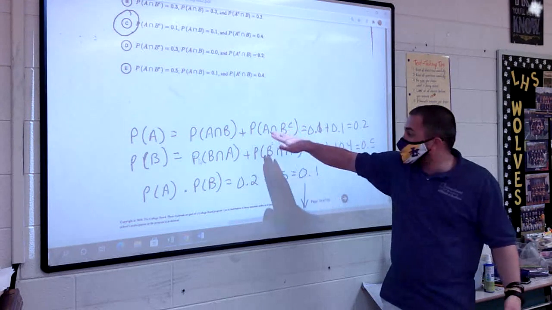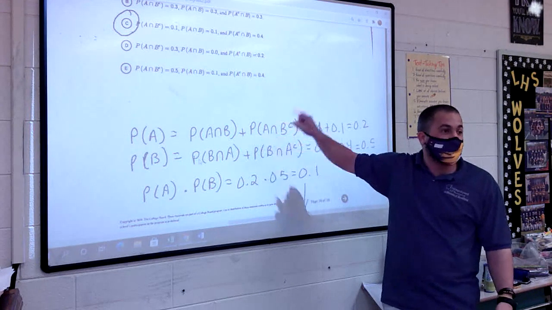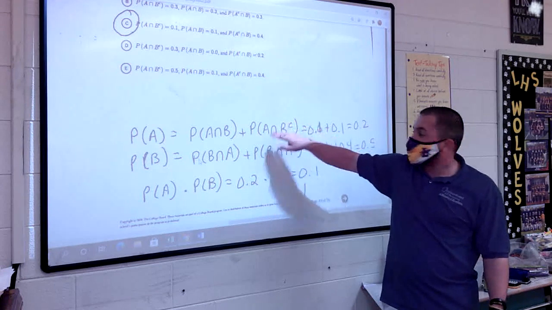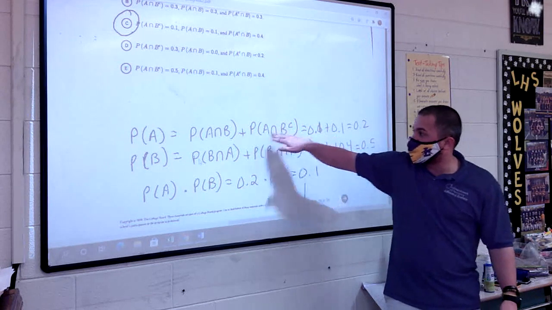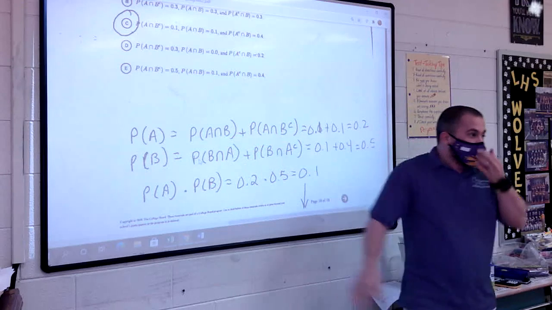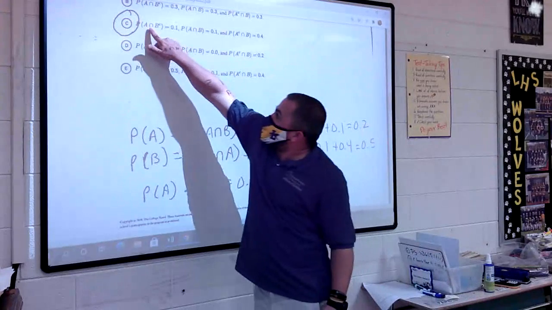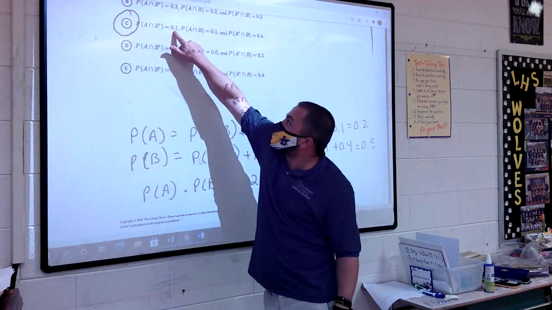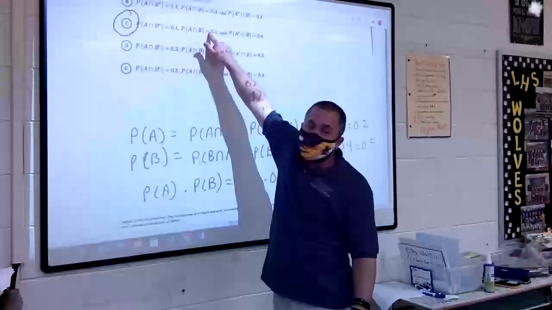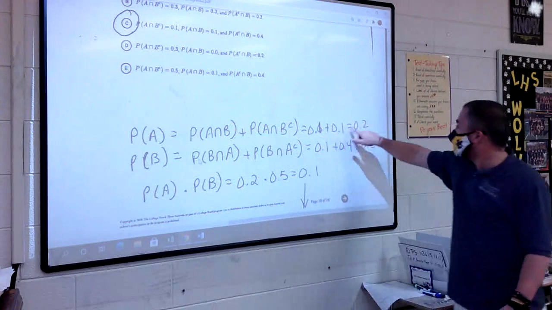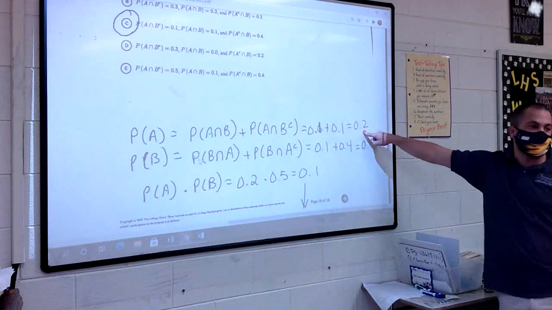So it either happens by itself, that's what the complement means, when B does not happen, or it happens along with B. So if I want to find the probability of an event happening, it either happens by itself, or it happens with something else. So we know that A happens by itself 10% of the time, and A happens with B 10% of the time. So A actually happens 20% of the time.